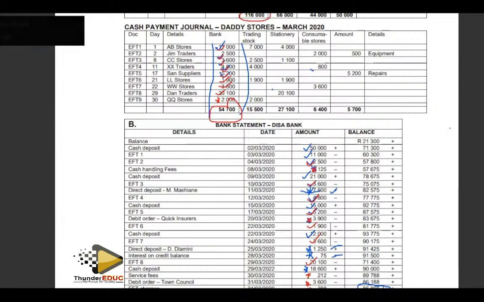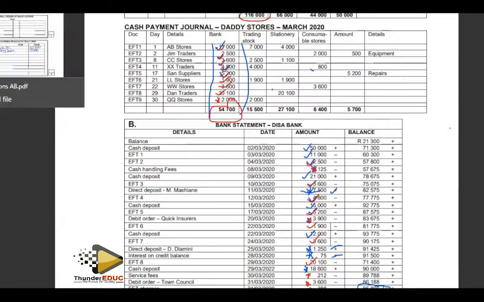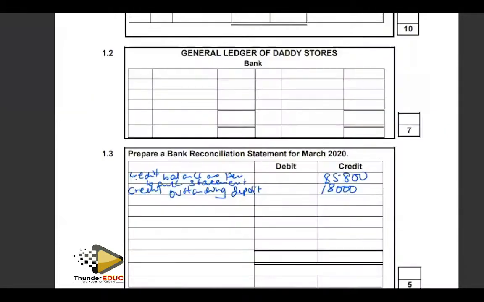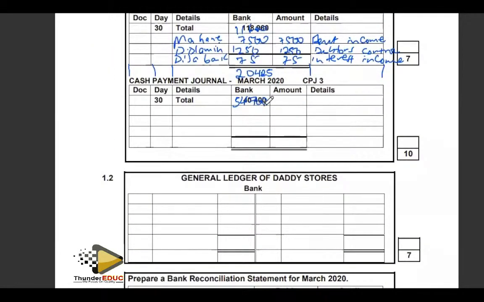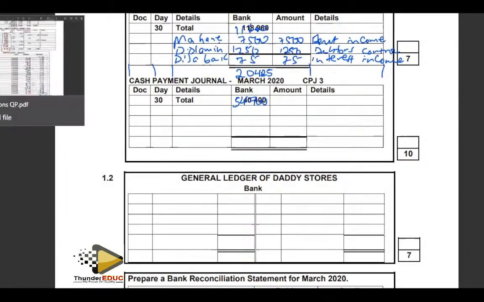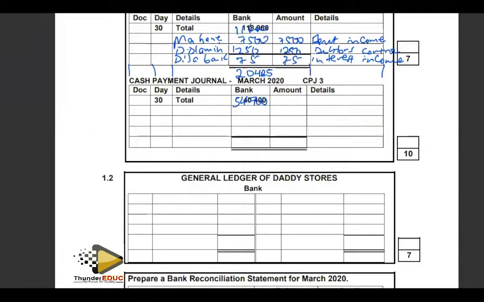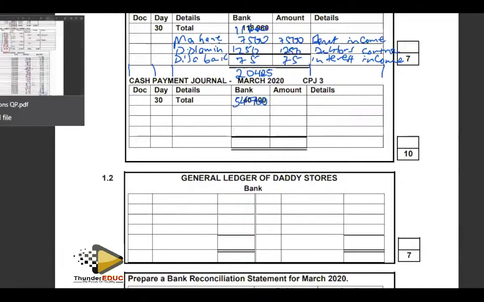So I have to come back here in my cash payments journal and I record those items in the cash payments journal, okay? Now, I have to record those items which have not appeared, which are on the statement, but I never saw them in the previous cash payments journal, in the original cash payments journal, which I prepared.